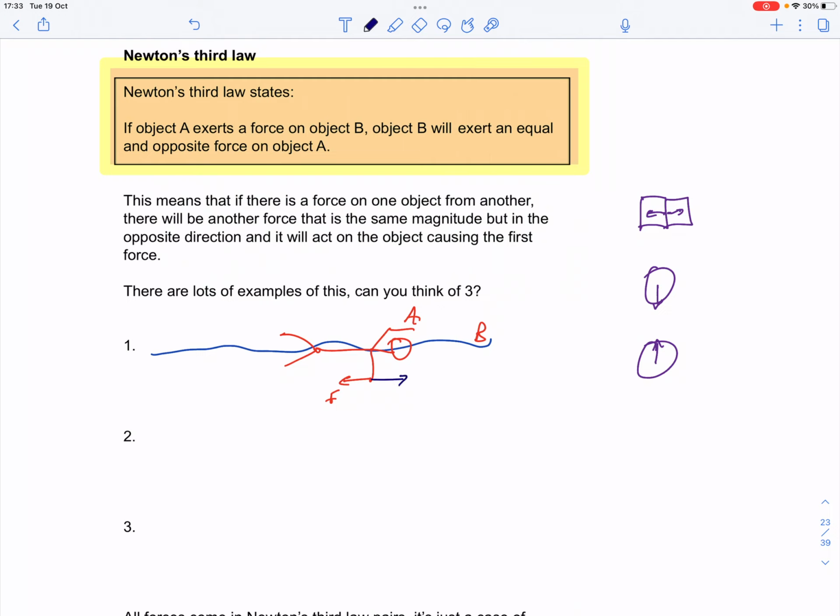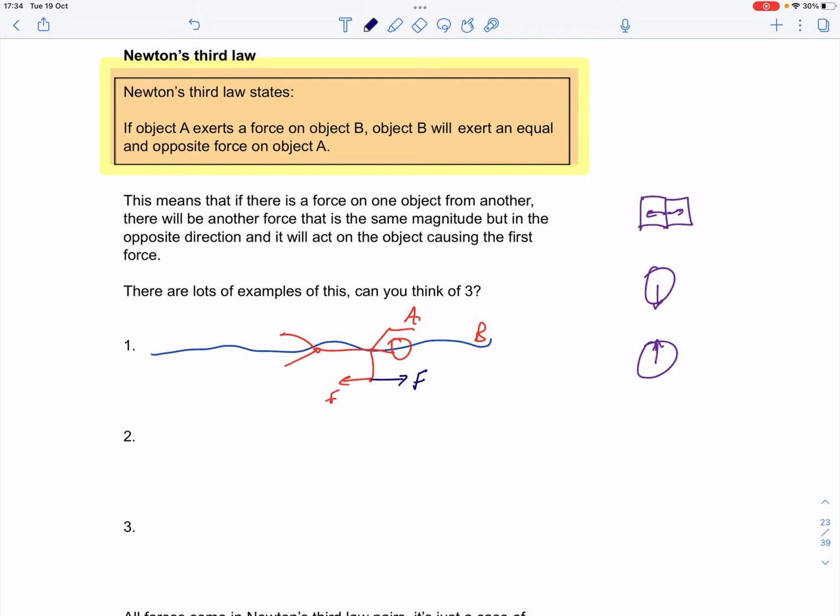So what's actually happening here is the water is pushing on the person with a forwards force that propels the person forwards. So it's actually the reaction force, if you like, of the water pushing back on the action of the person, which causes the person to go forwards. You're actually pushing the water backwards, and the water is pushing you forwards.